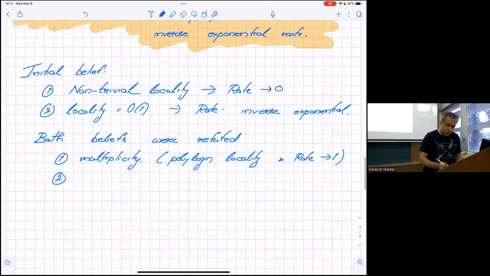And the other one is based on Yekhanin's codes.